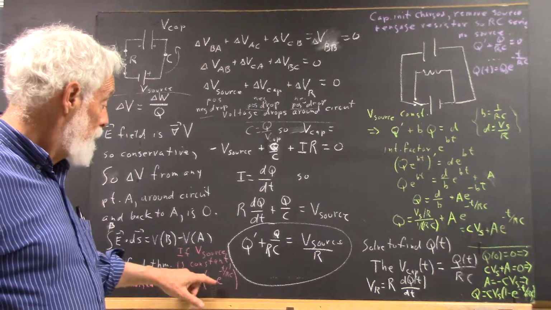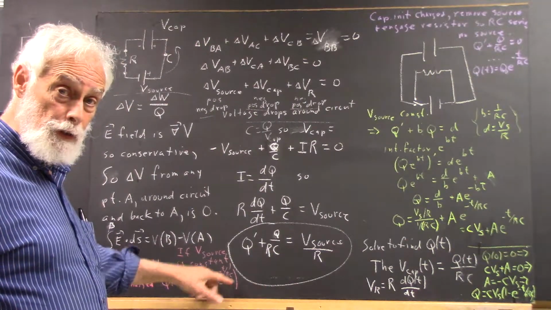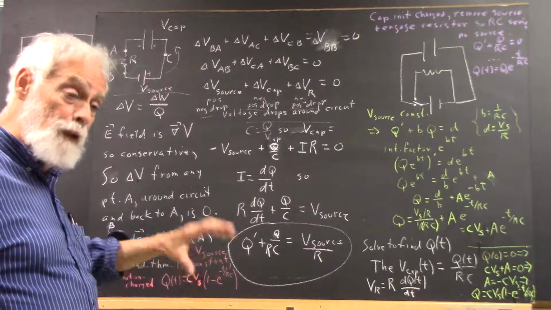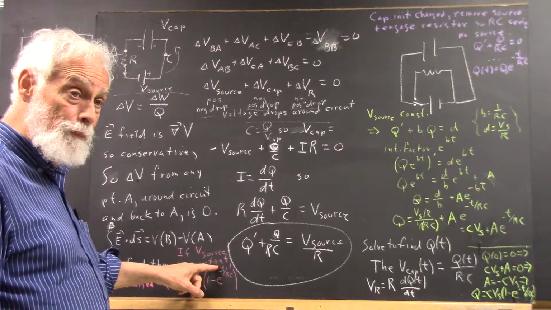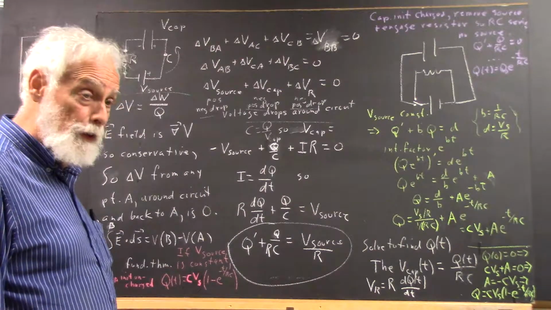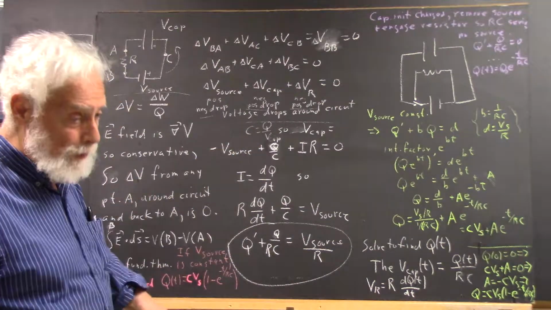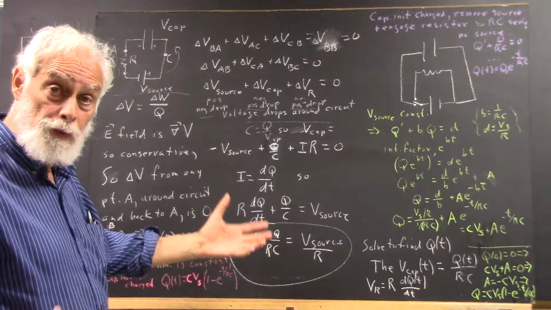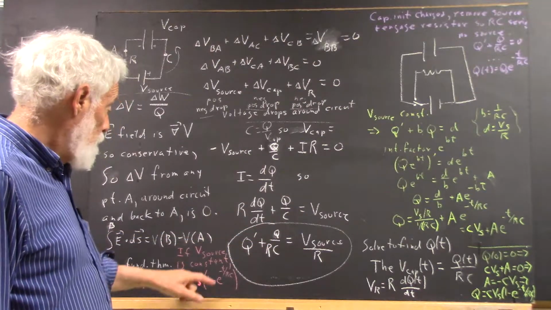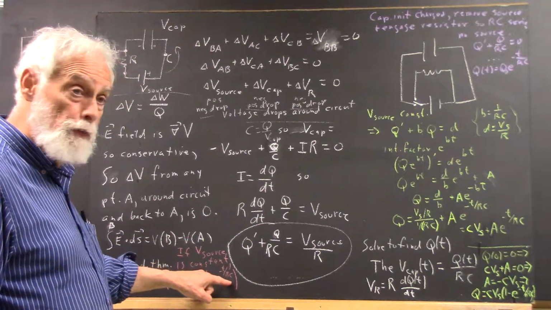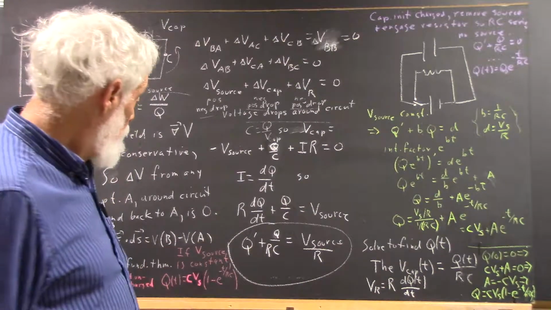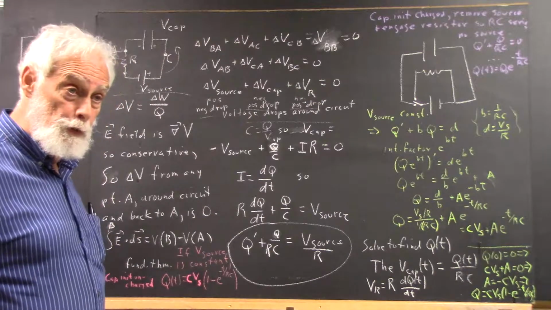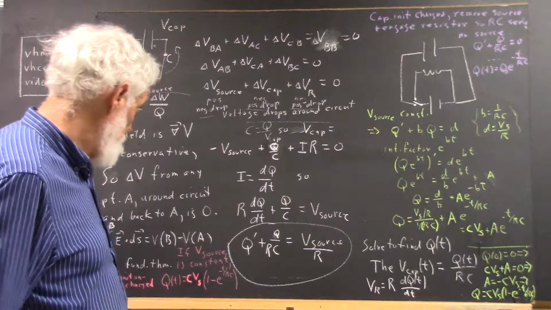Now, e to the negative t over RC is what? 1 over e to the t over RC. As t gets large, e to the t over RC gets large, so that 1 over e to the t over RC approaches 0. Not because your calculator tells you so, but because your laws of exponents and your common sense tell you so.